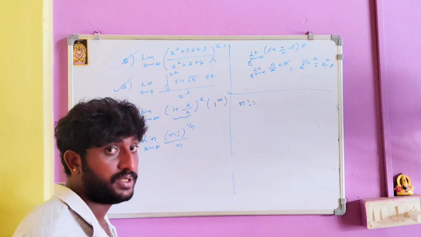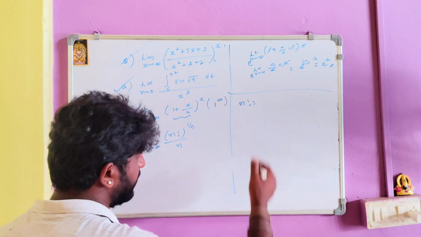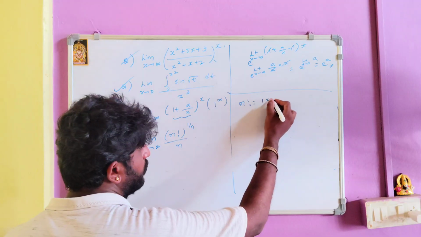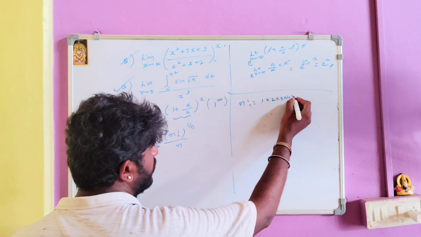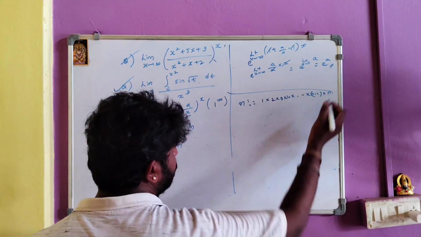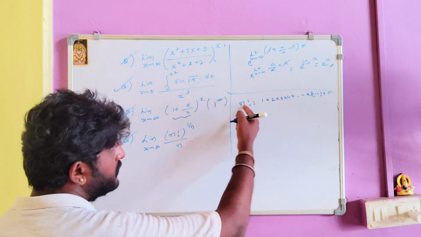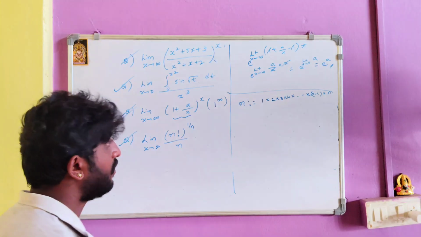Product of first n natural numbers. 1 into 2 into 3 into 4 and so on, n minus 1 into n. This product gives us n factorial.